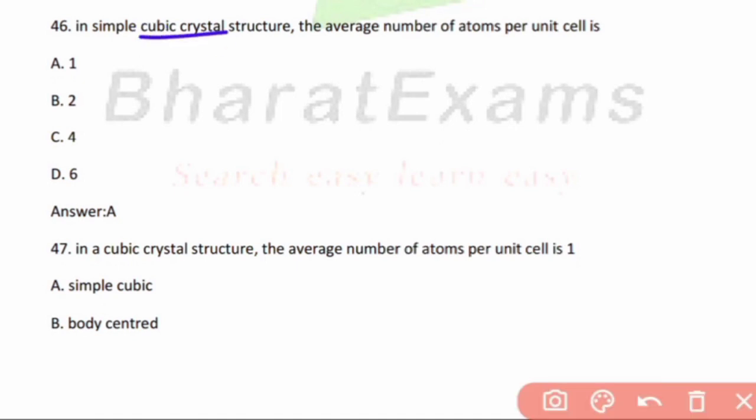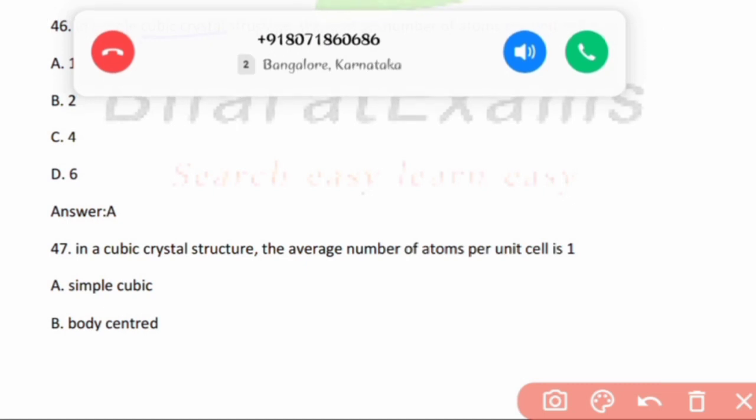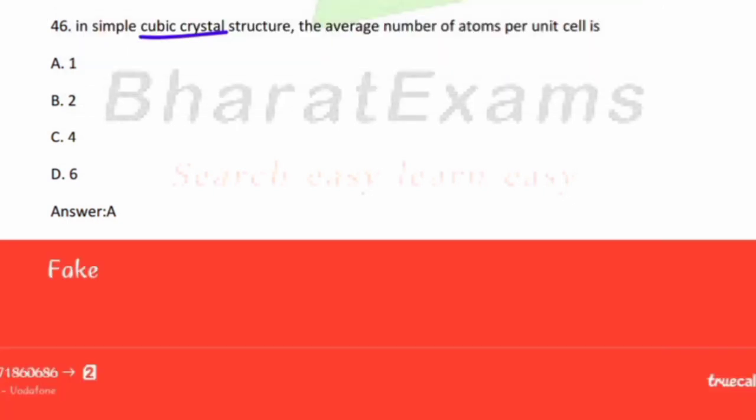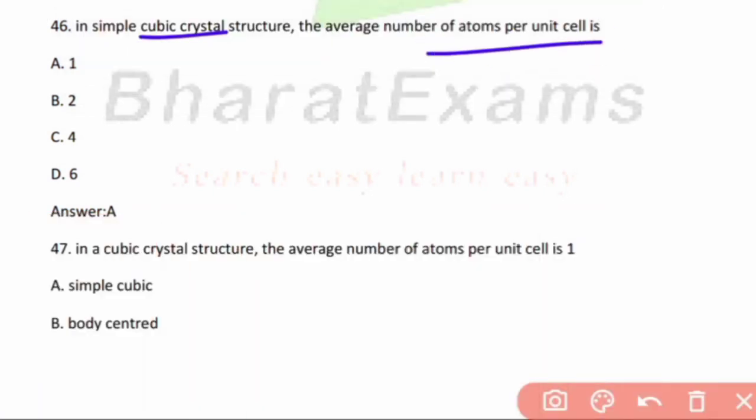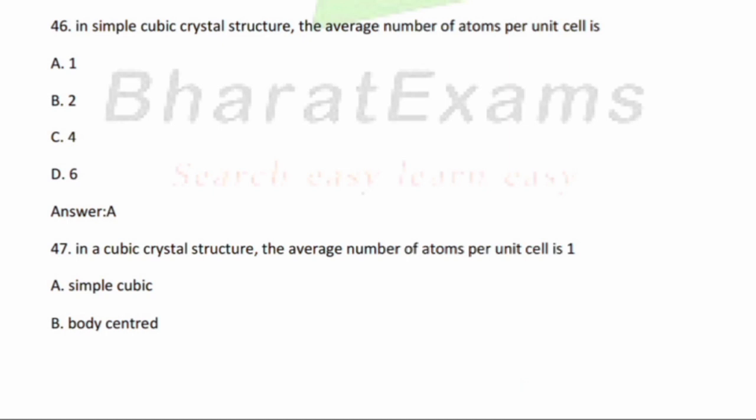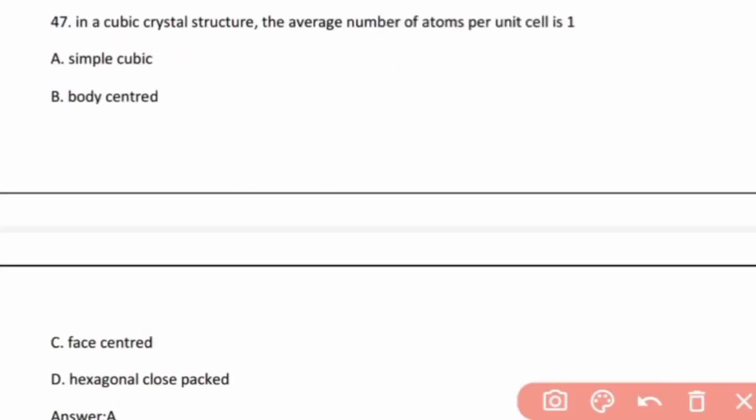In a simple cubic crystal structure, the average number of atoms per unit cell is option A, 1.